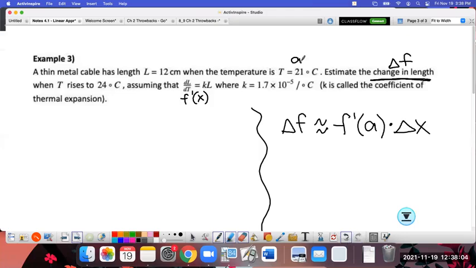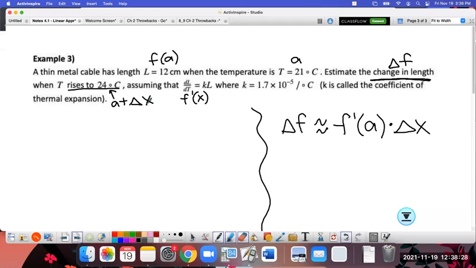So this is my a, and that makes this my f of a. So what in the world is this 24 degrees Celsius? Estimate the change in length when T rises to 24 degrees Celsius. So that's that x value later on. That is my a plus delta x.